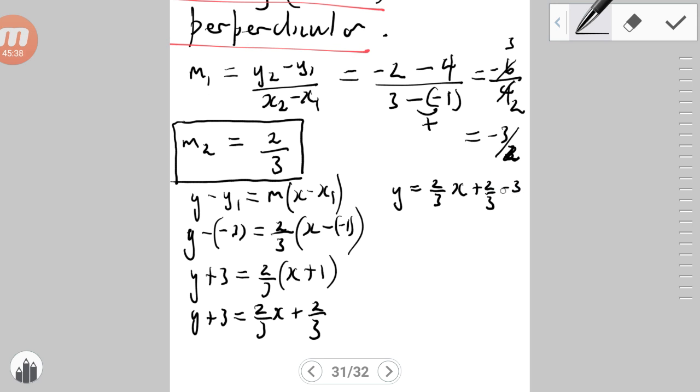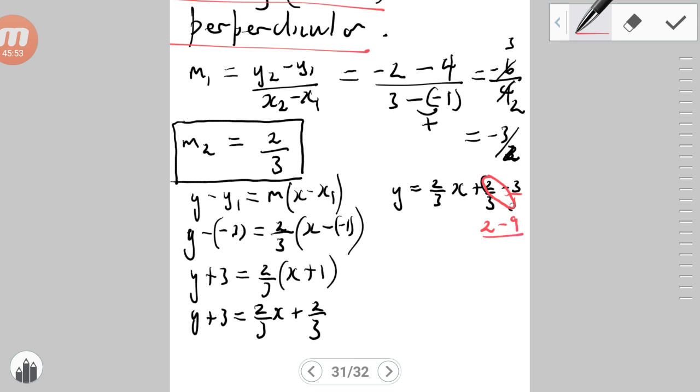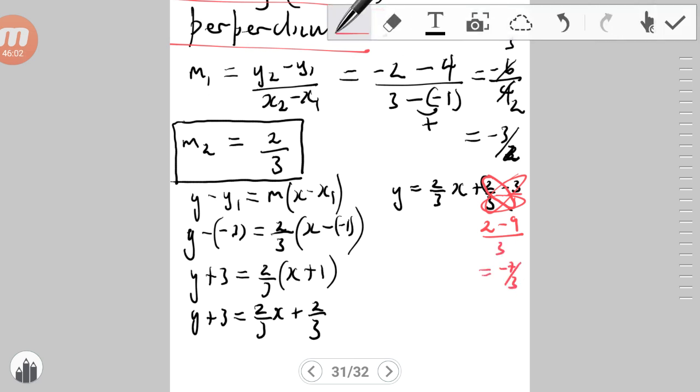We're going to be using the butterfly wings. So here, that's going to be 2 times 1, that's 2. And 3 times minus 3, that's minus 9. Over 3 times 1 is going to be 3. Alright, so we end up with minus 7 over 3.